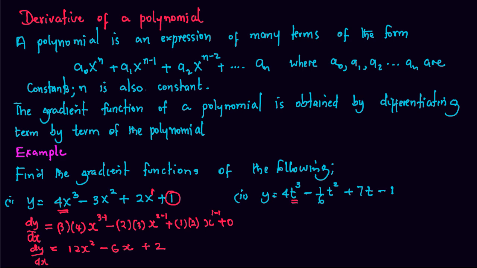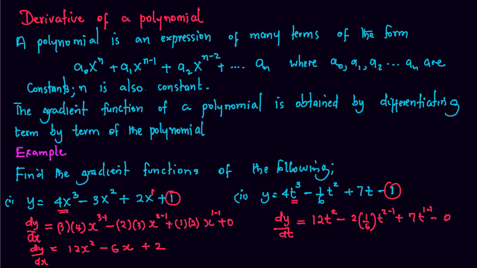So we differentiate y with respect to t, which gives us 12t squared minus 2 times 1 over 6 t to the power 2 minus 1 plus 7 t raised to 1 minus 1, and the derivative of the constant is equal to 0. So that is minus 0.